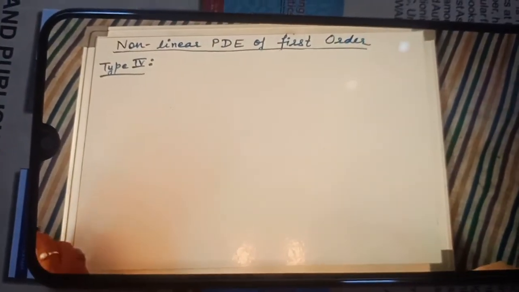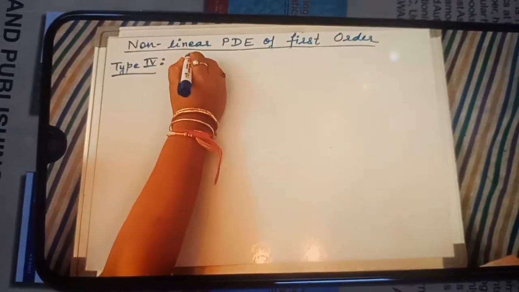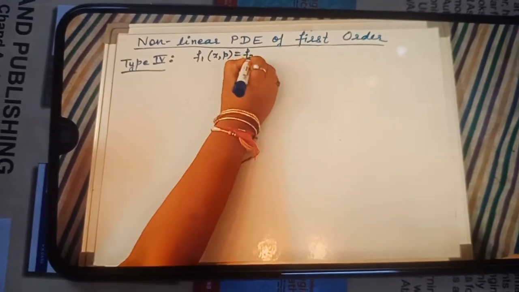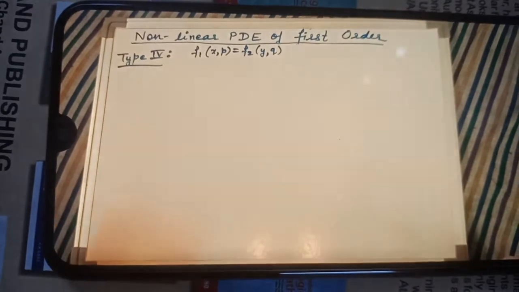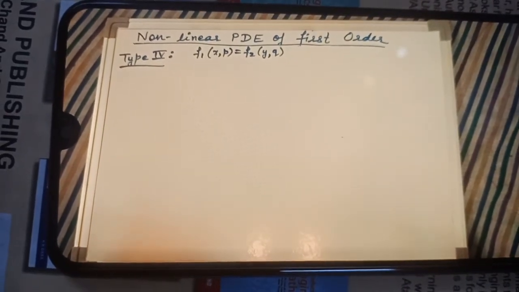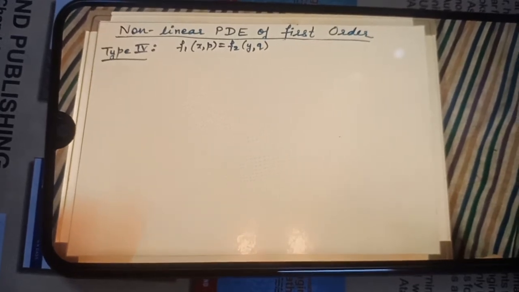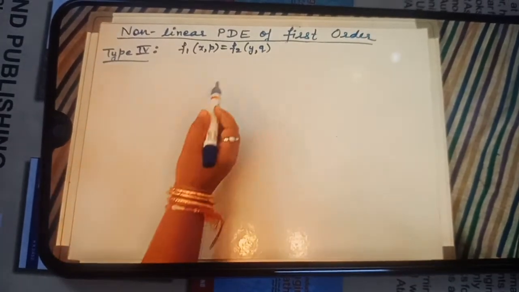Now we will move on to type 4, and in this we have the equation of the type f1(x, p) is equal to f2(y, q). In this first order partial differential equation, z is absent and the terms containing x and p can be written on one side, and the terms containing y and q can be written on the other side.